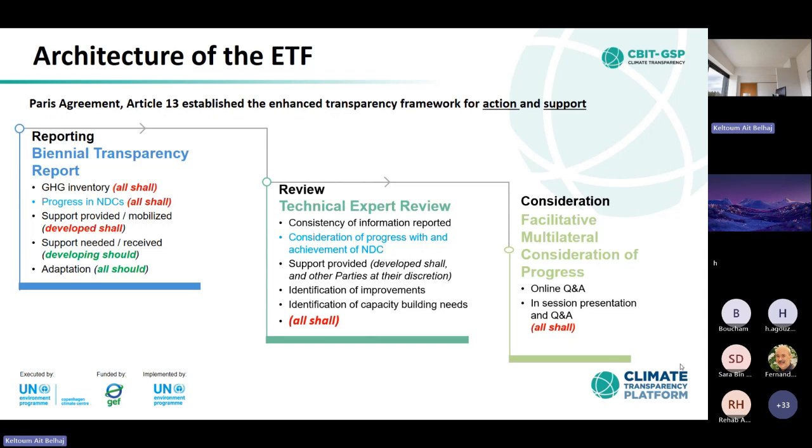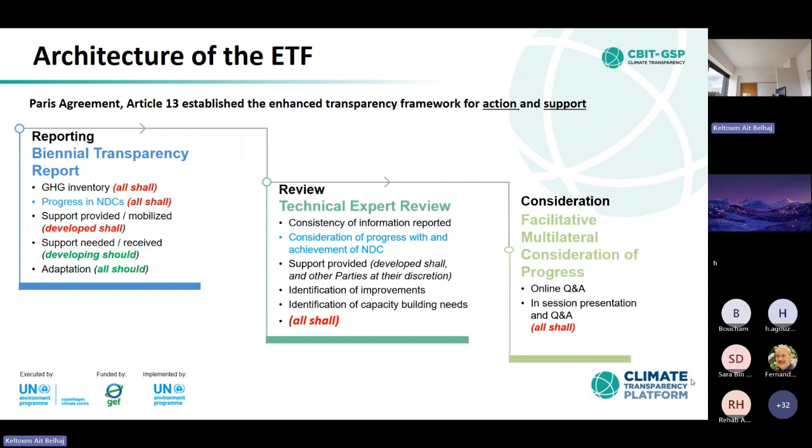And once submitted, the report goes through a technical expert review. This review checks the consistency and transparency of information. It also helps countries identify areas for improvement, assess the progress made in achieving and implementing the NDC, and it also looks at capacity building needs for developing countries.